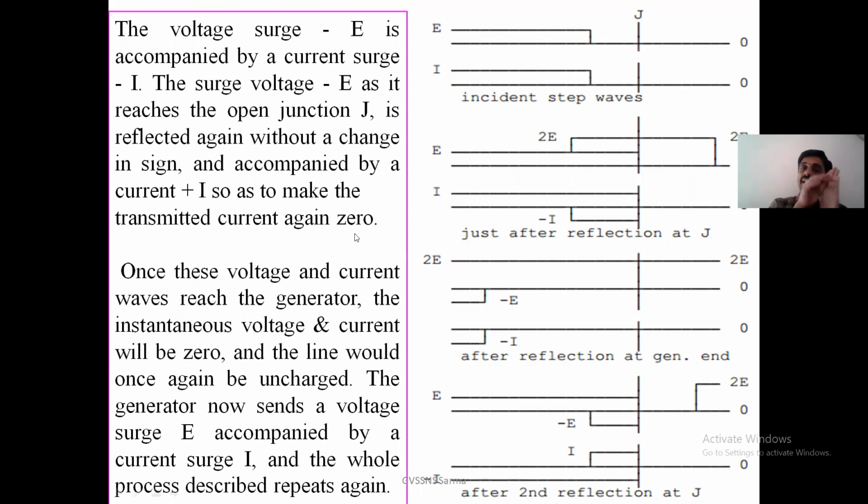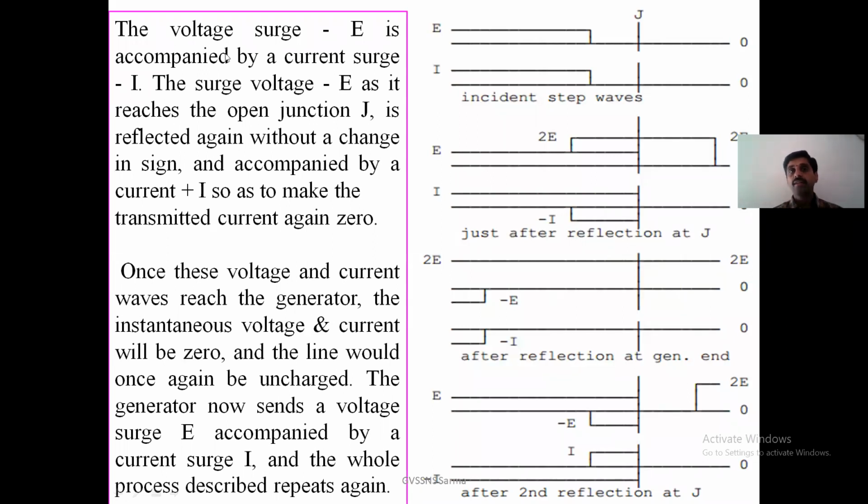So you see, the generator has sent minus E to the junction. Again at the junction, it will reflect back minus E. The same minus E will come back. But the current is now plus I. If the reflected voltage is plus E, the current is minus I. If the reflected voltage is minus E, the current is plus I, so that the current transmitted is 0.